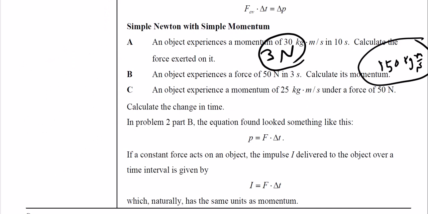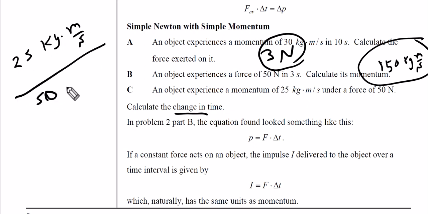Part C, we're looking for the time, calculate the change in time. And so that's going to be the change in momentum over the force. That would be 25 kilogram meters per second divided by 50 newtons, but a newton is a kilogram meter per second squared.